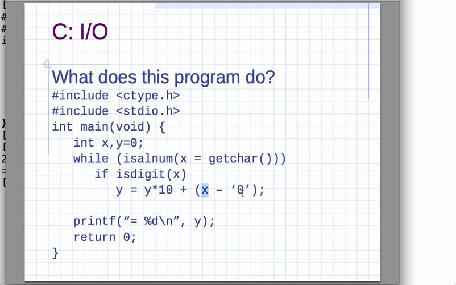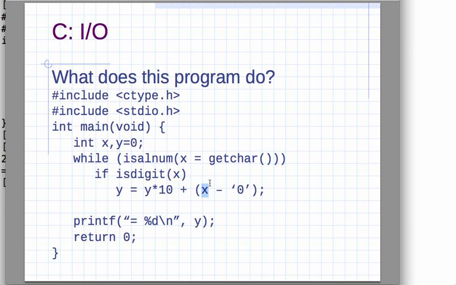So it will be whatever ASCII 0 is. So we're converting from ASCII to a number, and then we're doing y equals y times 10. That's converting a single ASCII digit to an int, and accumulating the tens, hundreds, thousands, and so on.